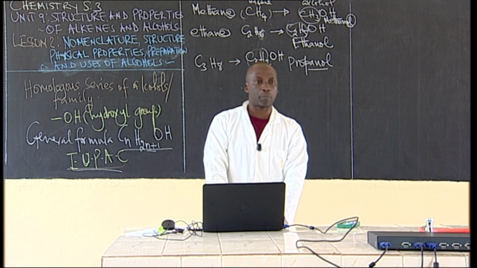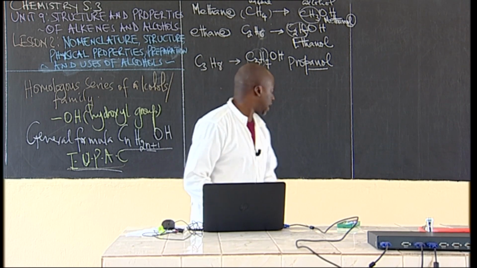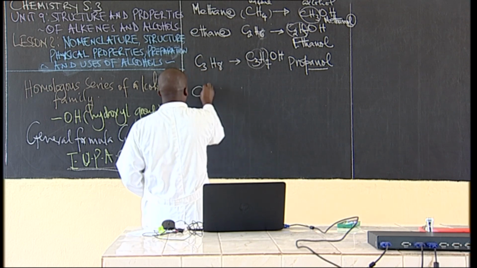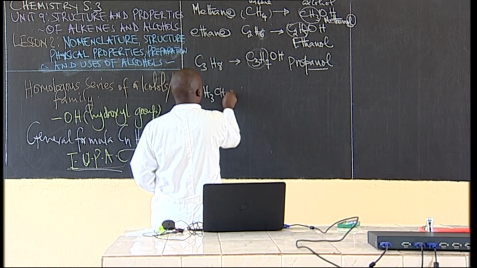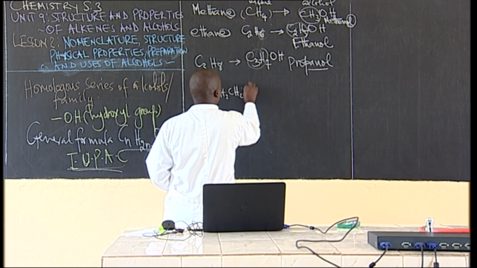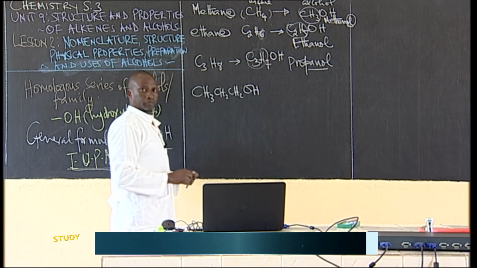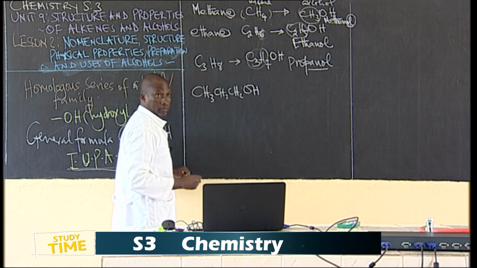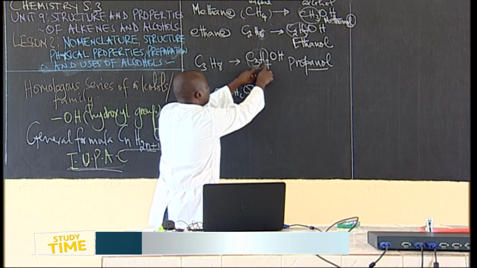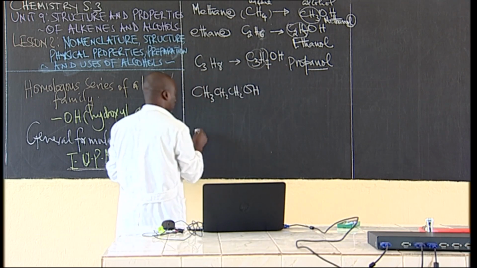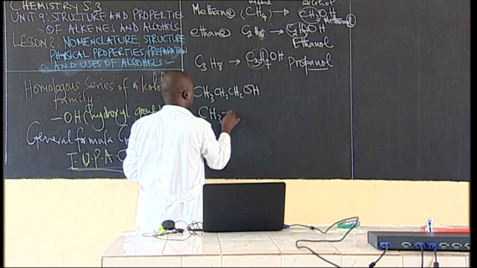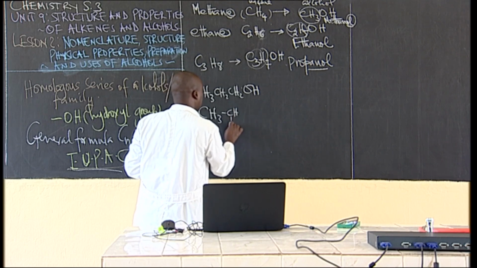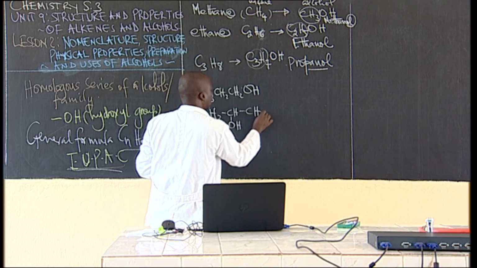Then we have these two compounds: propan-1-ol and propan-2-ol. Very important. CH3, CH2, CH2OH: three carbon atoms, hydrogens, and then OH. Then we have CH3, CH, OH, CH3.